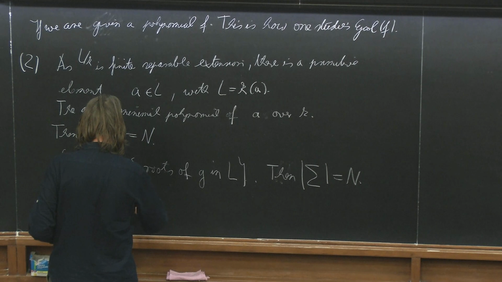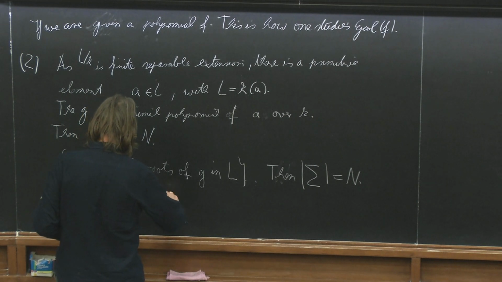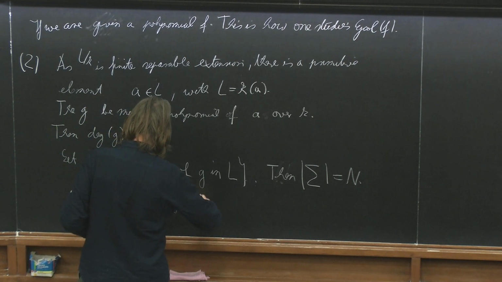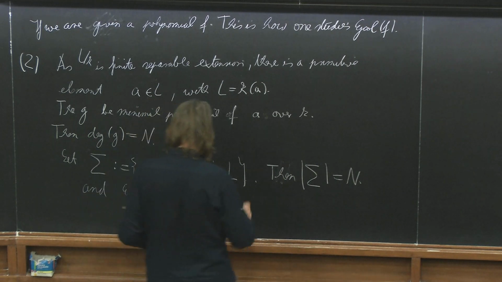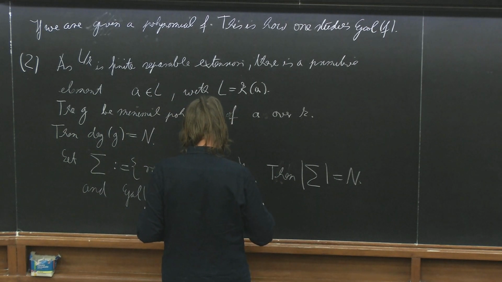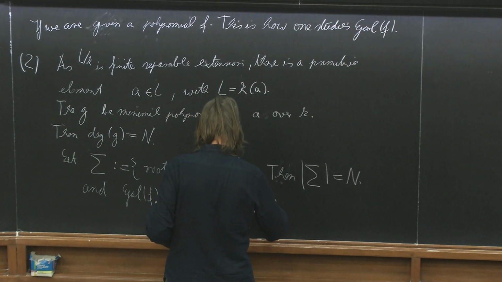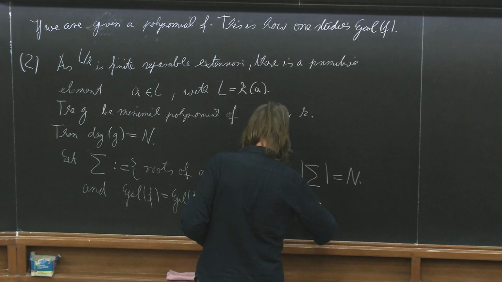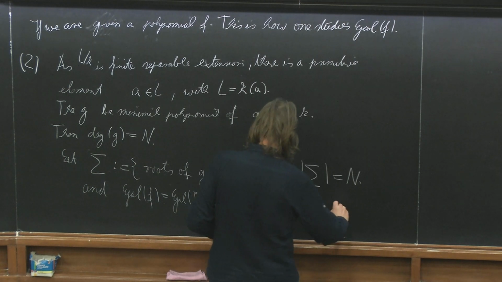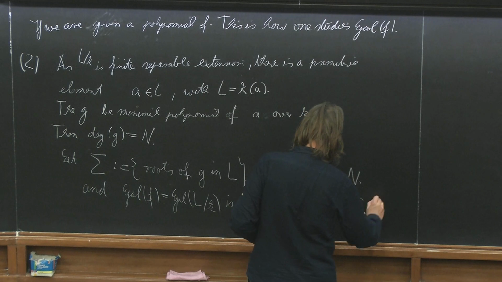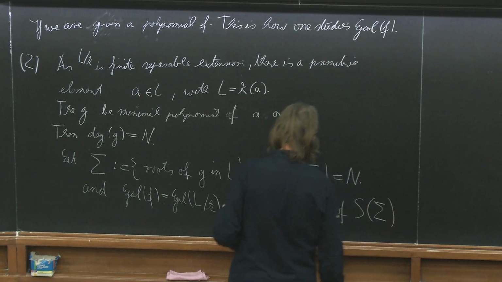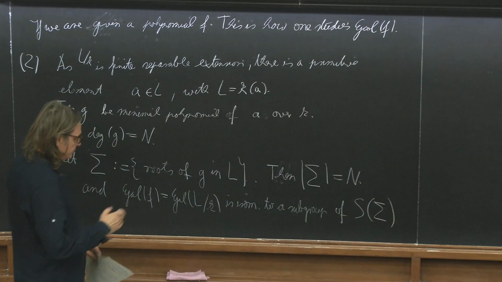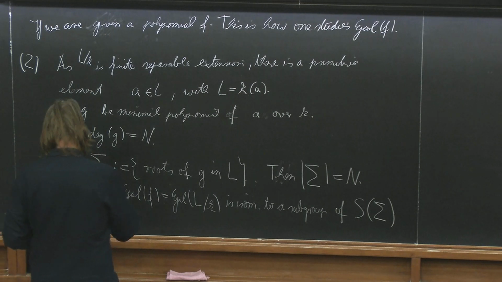The Galois group of f, the Galois group of L over K, is isomorphic to a subgroup of S, the symmetric group on sigma, which acts simply transitively on sigma.